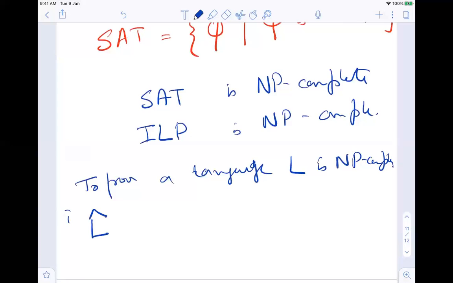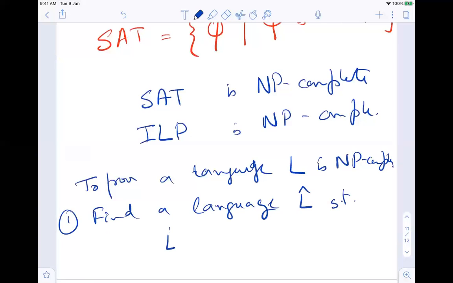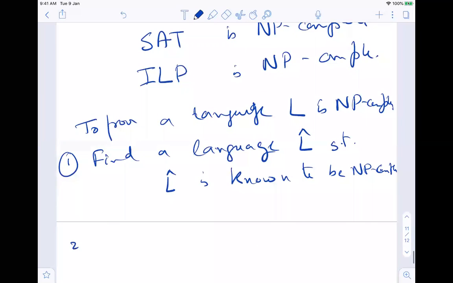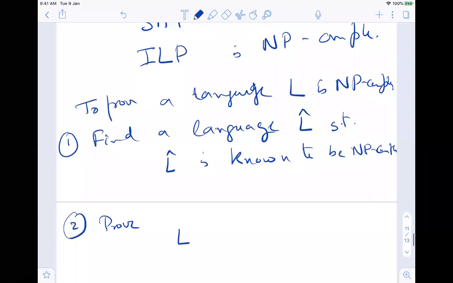That is, the first step is to find a language or problem L hat such that L hat is known to be NP complete. And secondly, you prove that L hat is less than or equal to L.